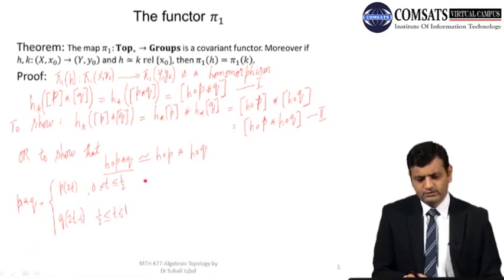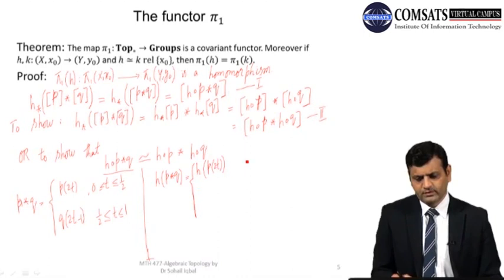So what about h of P star Q? This is basically equal to h of P of 2t, where t lies between 0 and 1/2, and h of Q of 2t minus 1, where t lies between 1/2 and 1.